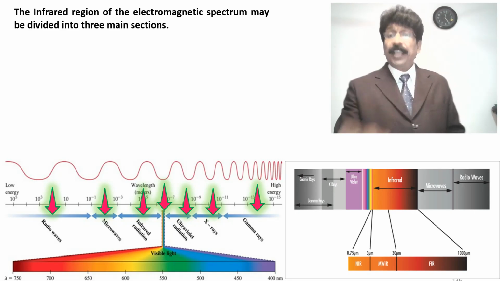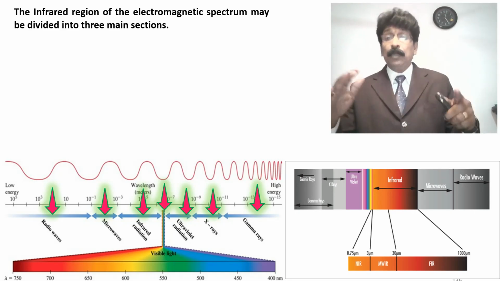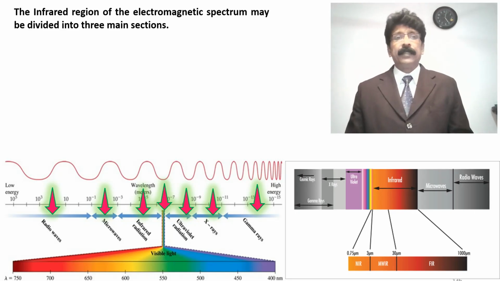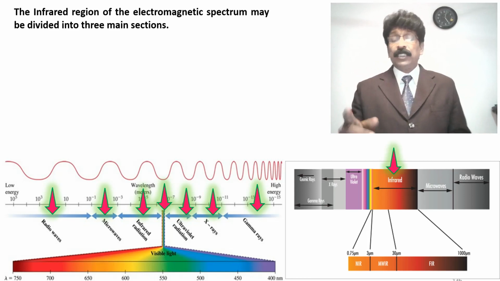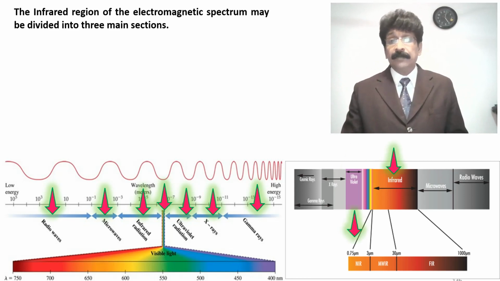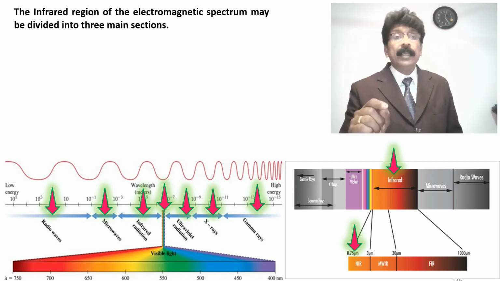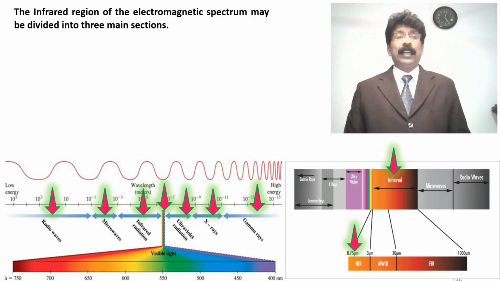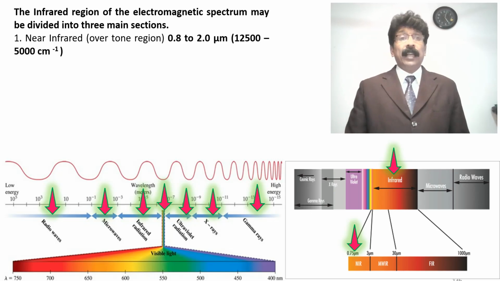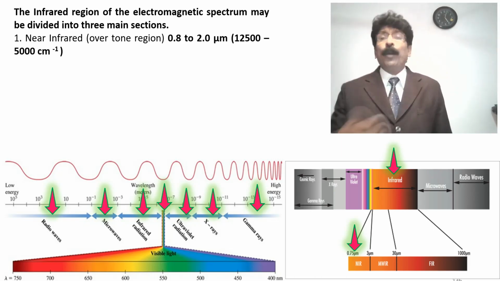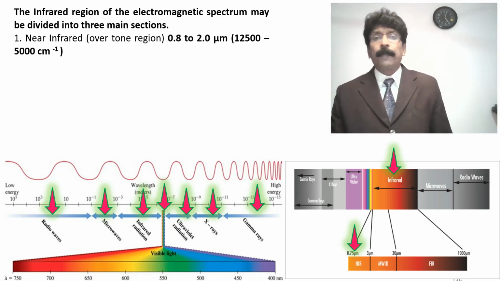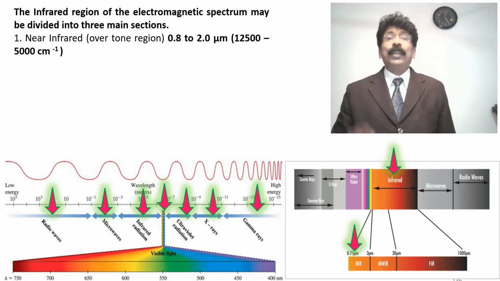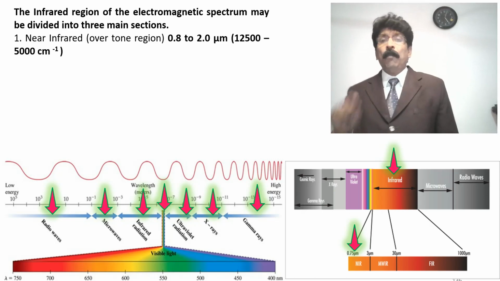See here, this infrared has three regions. The first one you can see is the near infrared region. The arrow you can see very clearly. The near infrared overtone region can be called 0.8 to 2.0 micron.